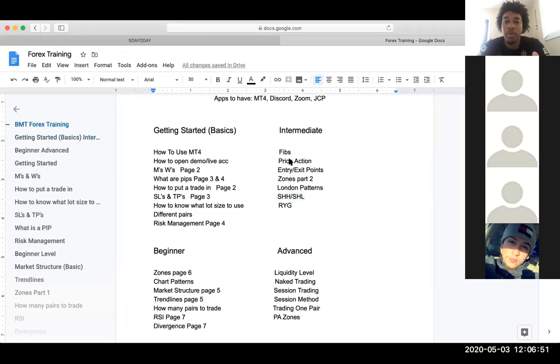So just fibs, price action, stop on high, stop on low, and then entry and exit points. For the most part, we're basically just going over how to go on a trade and when to come out, but on a more advanced level.